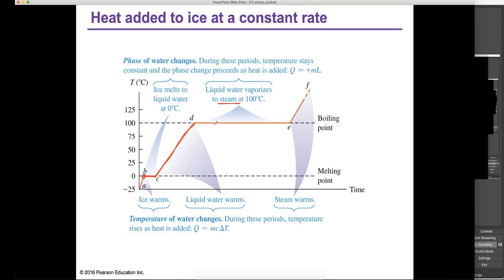You keep heating up the system, but the temperature will not change. It's always 100 degrees until all of the liquid water is converted into steam. And then if you keep heating up the system, the temperature of the gas will increase. That's the entire process of heating up the ice into water and then into steam.